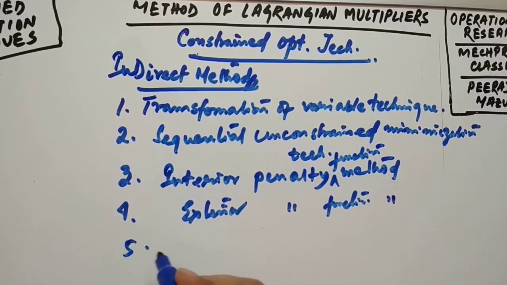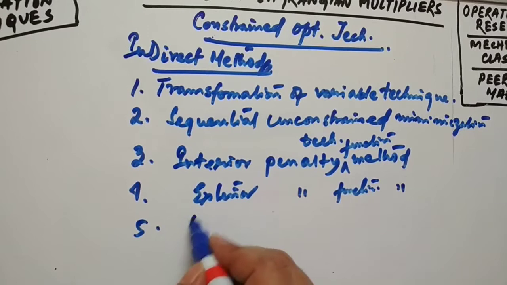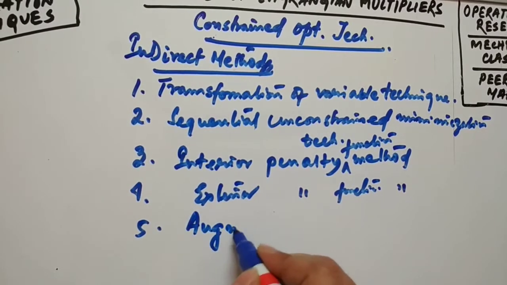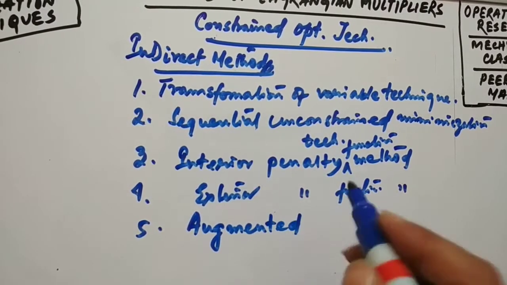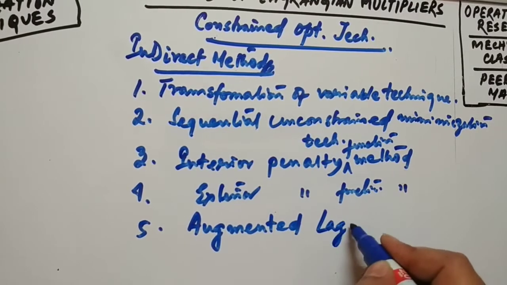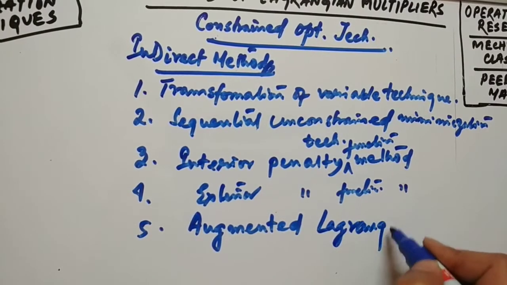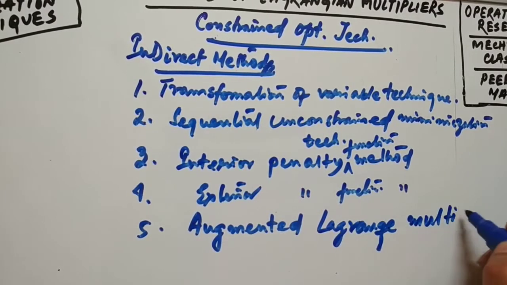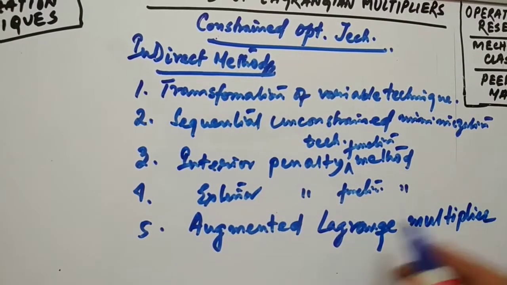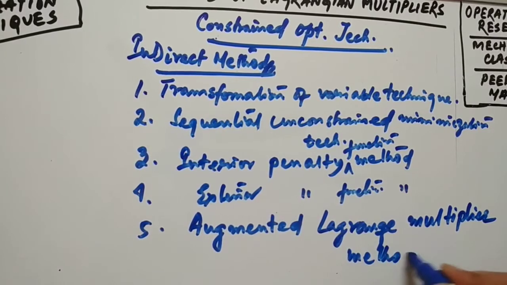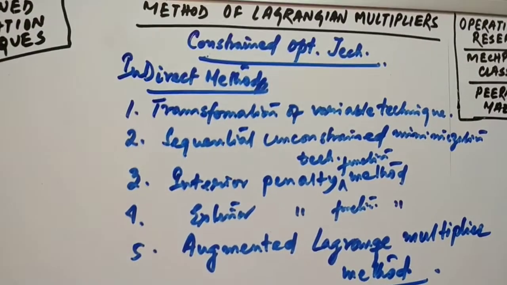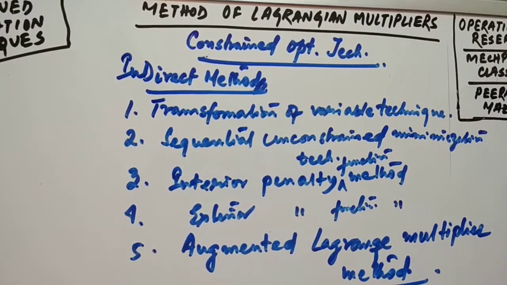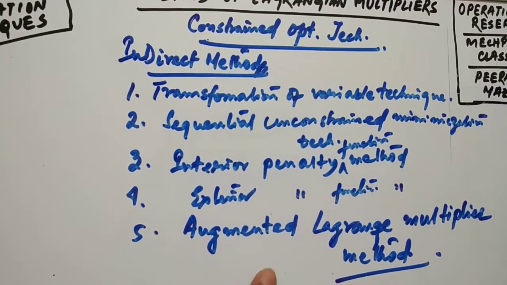And now comes the augmented Lagrange multiplier method. Okay, so now you have the idea under which method this augmented Lagrangian multiplier method comes.